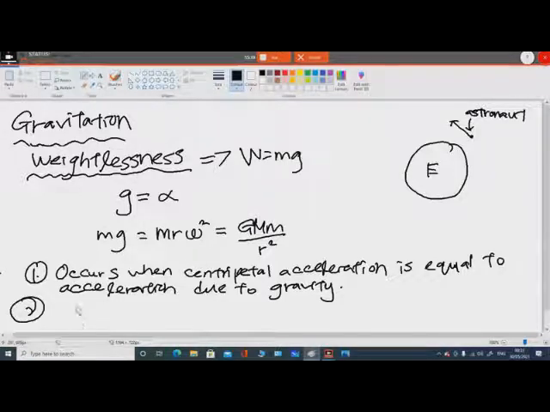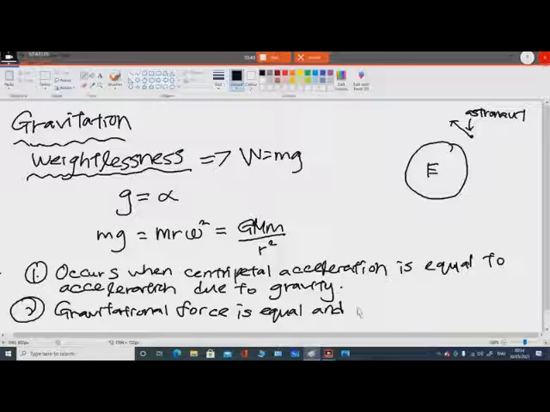or should I say our gravitational force, is equal to and considered as centripetal force.